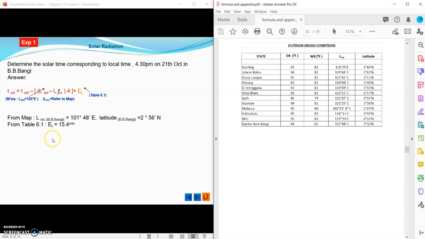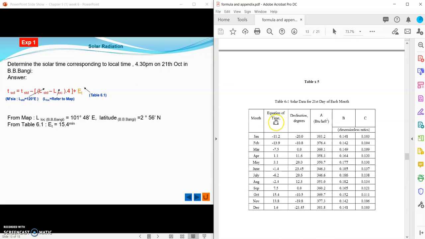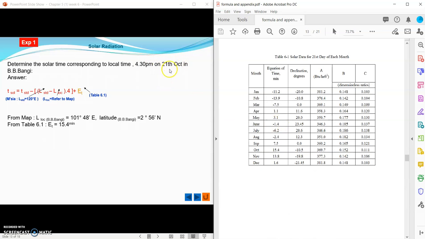Alright, so from the table, the ET, equation of time, for 21st of October is 15.4. So what we got, the formula is T solar equals T standard minus... If you are using a scientific calculator, don't forget to put brackets in your calculation.